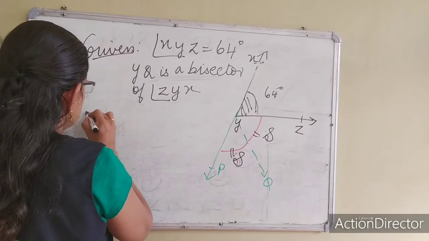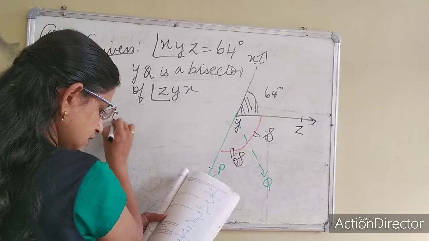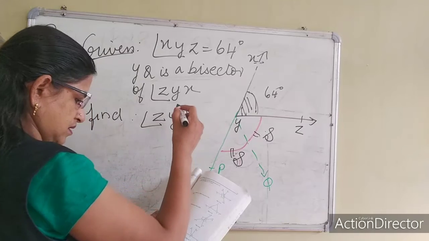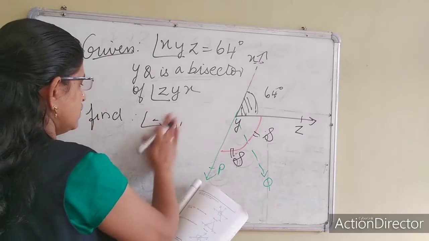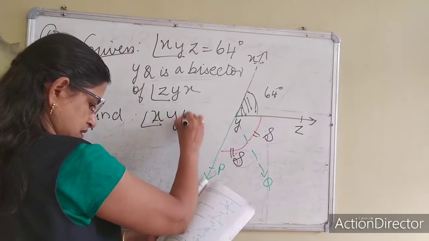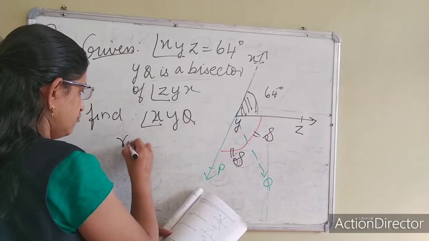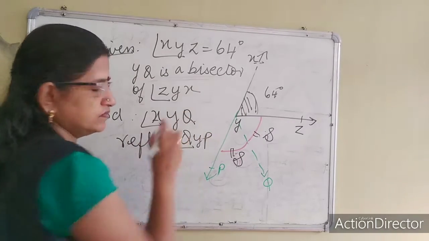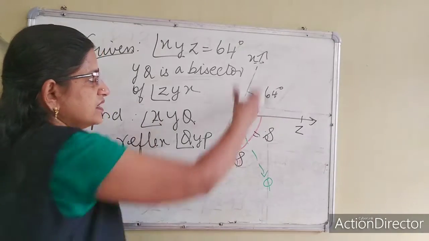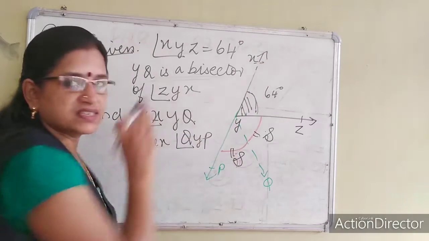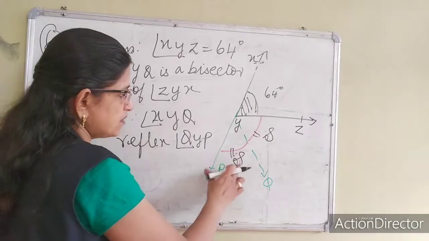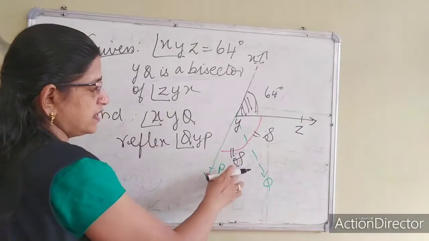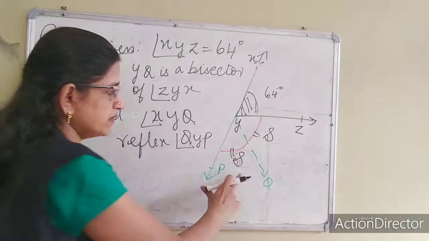So to find angle XYQ and reflex of QYP. So as I said earlier, you are able to see a straight line over here. Since it is a bisector, I told these two angles are equal. Since already you have one X, don't take X over here. You can take some other variable.